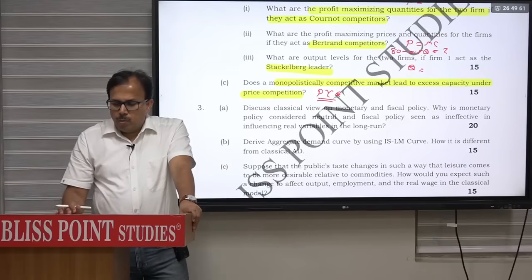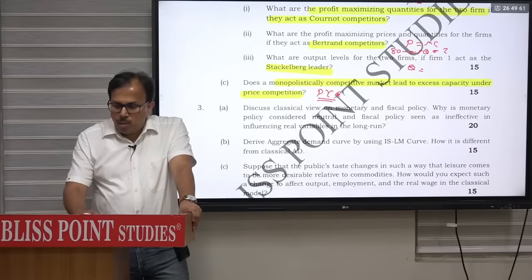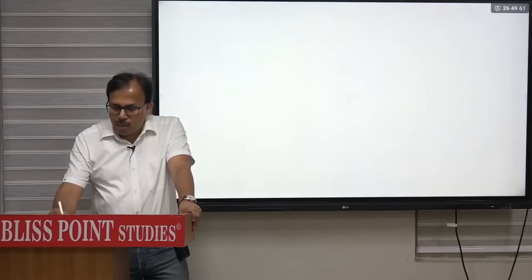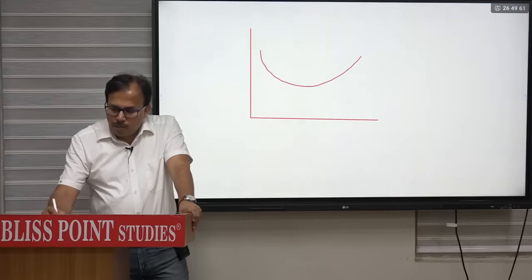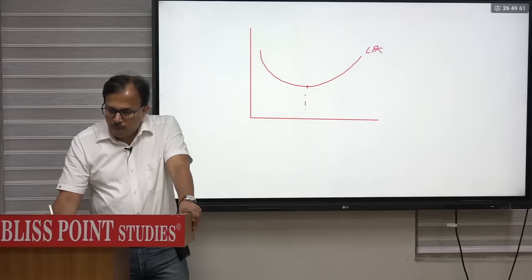So according to them, Chamberlain monopolistic competition actually leads to some wastage of the resource and there will be some excess capacity. Their argument is firms are not producing at the minimum point of long run average cost curve. This is the ideal.